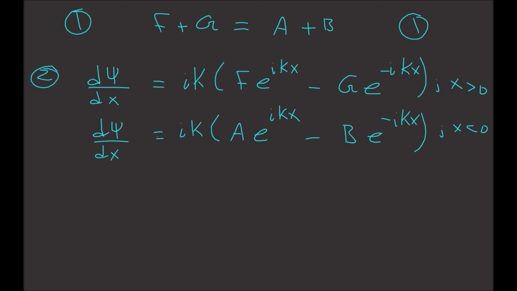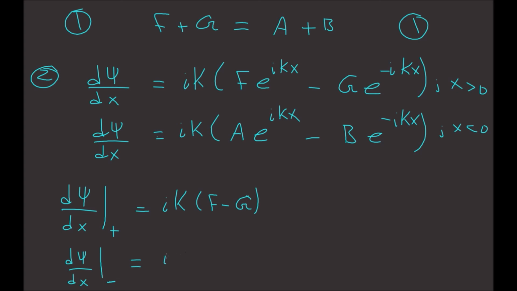Looking at the first one, d psi dx from the right side equals ik times F minus G. And looking at d psi dx from the left, this is going to equal ik times A minus B. Now let's look at the difference, delta d psi dx.